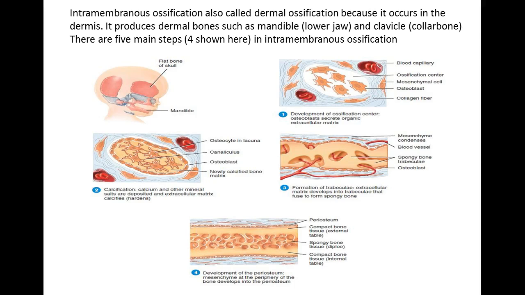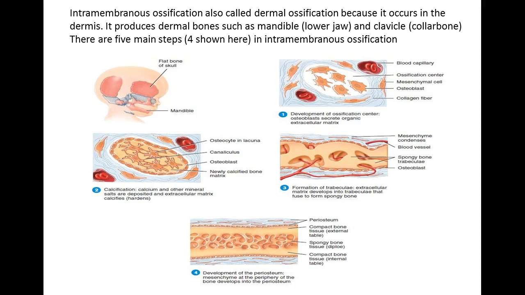So you have a basic design of what the bone's going to look like with intramembranous ossification, and then it will be remodeled, not redesigned, but added to, to create the adult bone that we all associate with that particular shape.